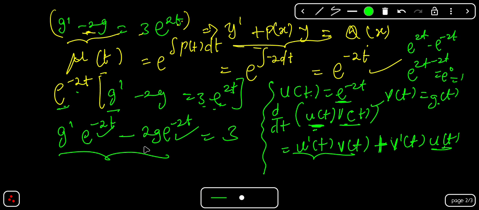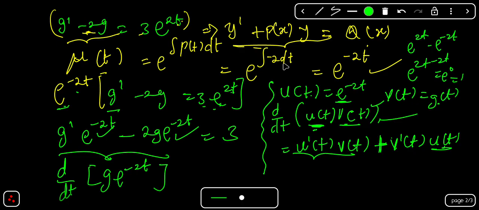So definitely that shows that this whole differential equation, if I write it as a single function, it means d dt of g e raised to the power of negative 2t. Beautiful. Are we together? So we write it as a product function.